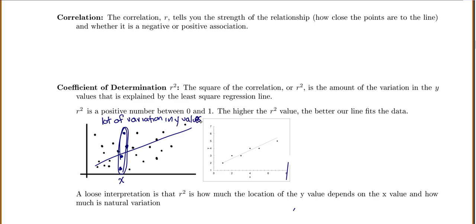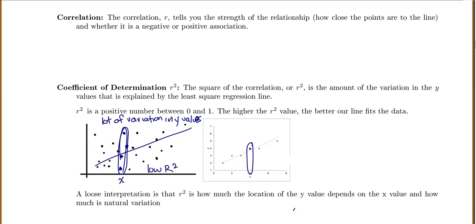This one would probably have a pretty low r squared because there's so much variation in the y values. But in this data set over here, notice the points are all pretty close to the line. If I pick an x value, it looks like there's only one y value there.